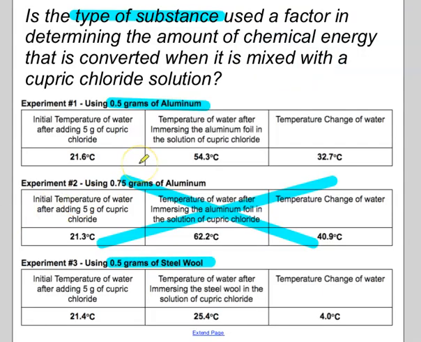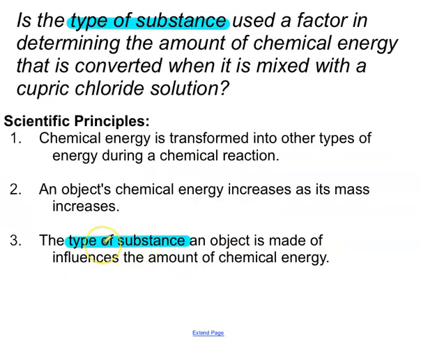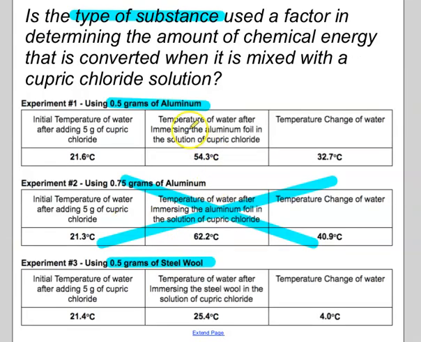So when you're looking at this data, you have to somehow explain that this scientific principle, the type of substance an object is made of, influences the amount of chemical energy. We saw this because when we used the 0.5 grams of aluminum, the temperature changed 32.7 degrees Celsius, as compared to the 0.5 grams of steel wool, which changed only 4 degrees Celsius.